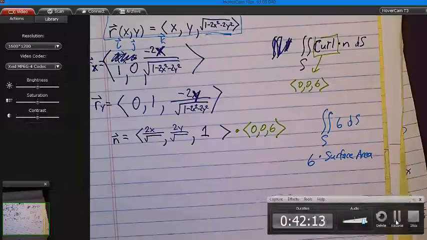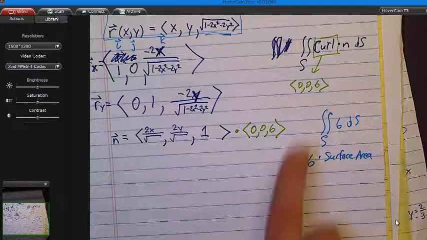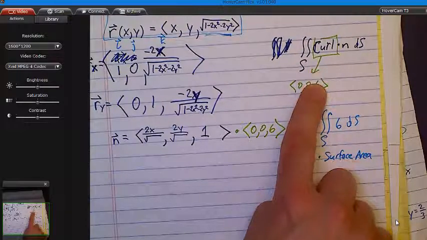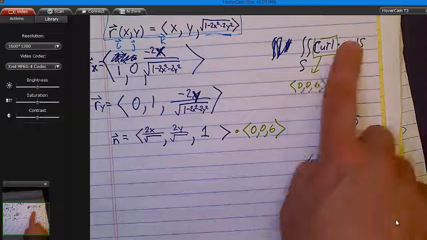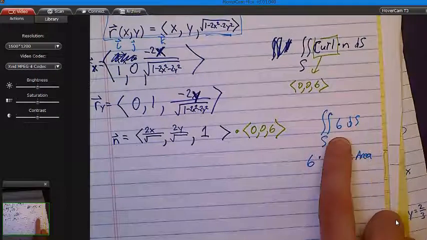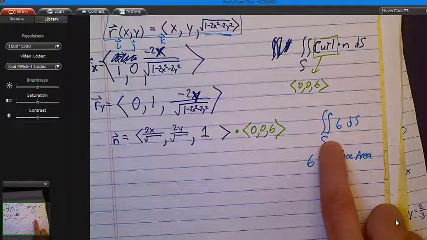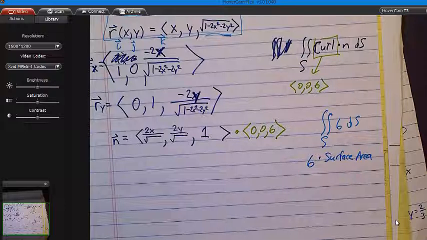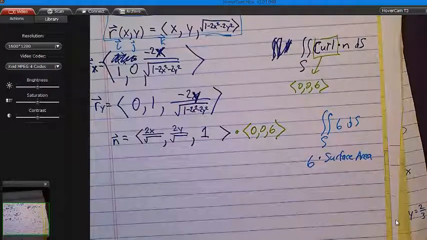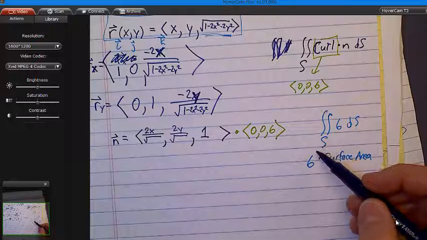Okay. I think there's a mistake here. I mean, what I wrote here is okay, that's what we're computing. But when I make this 6, I don't have to write it as a surface integral any longer. Let's go back to line integrals, what you guys are working on more now.